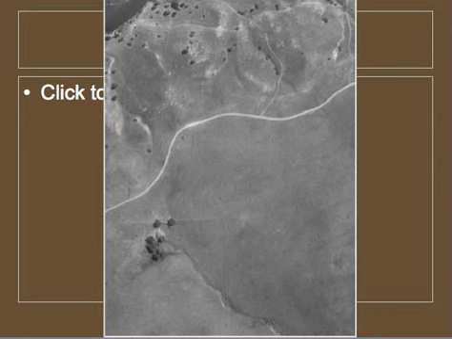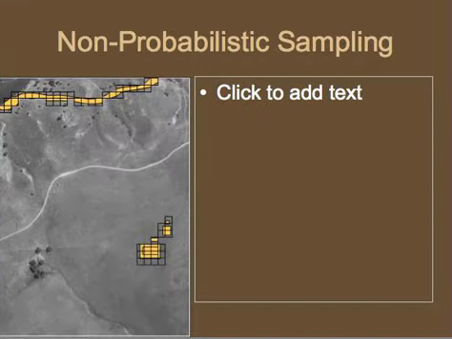The lab explores random sampling and also allows you to create your own sampling strategy to see which one is more effective. A lot of people, when they did the lab today, chose a non-probabilistic sampling strategy. That is, they chose to dig where they thought sites would be based on features on the landscape.